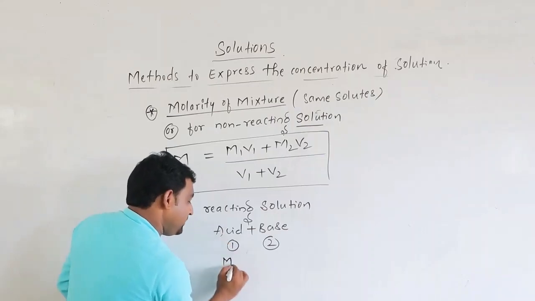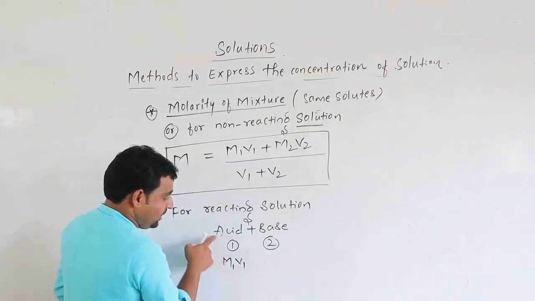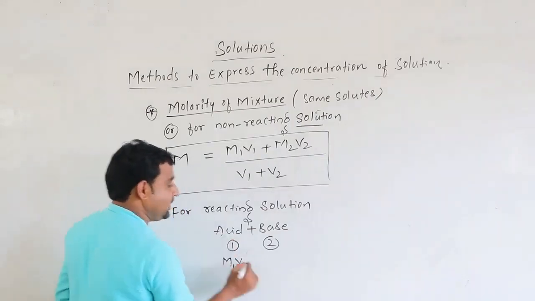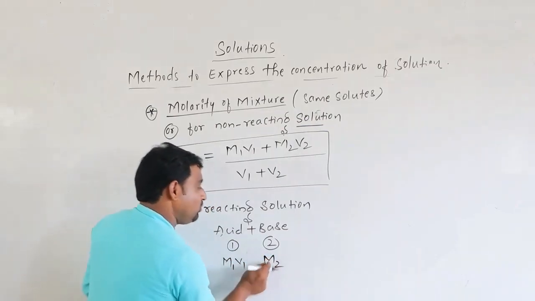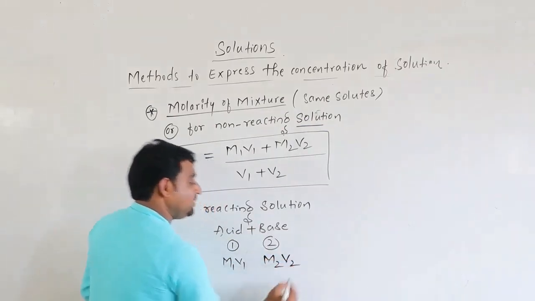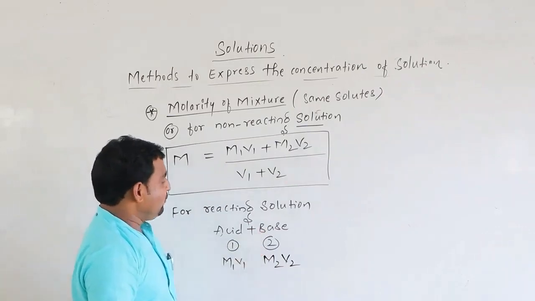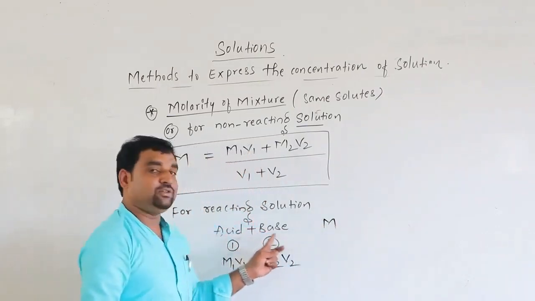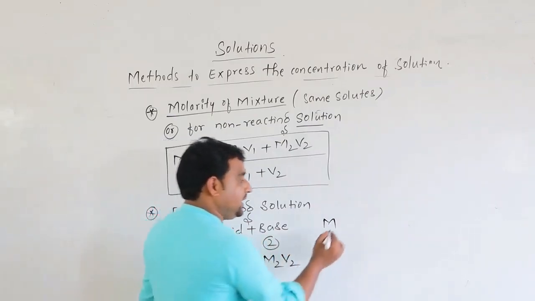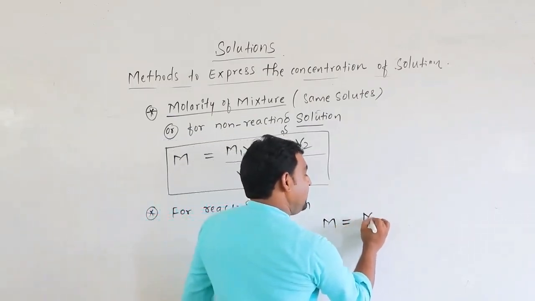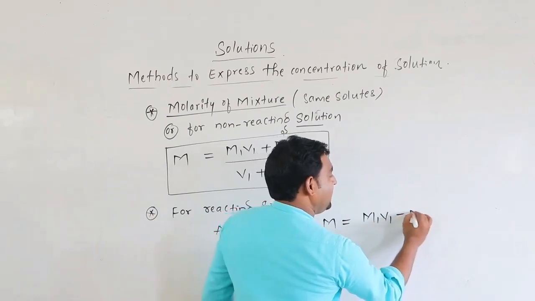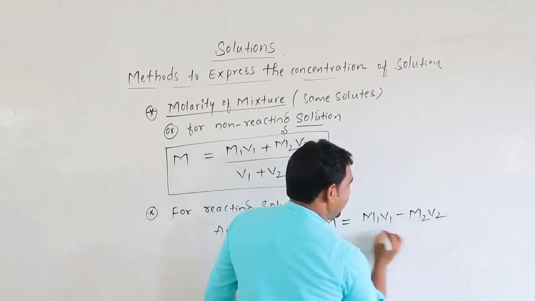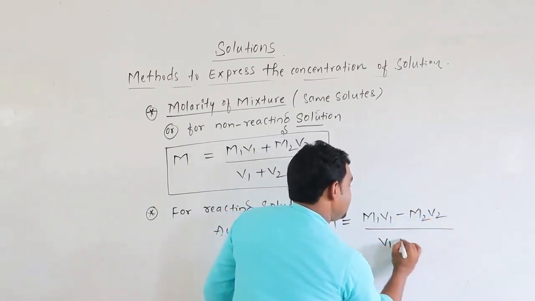M1 is the molarity of the acid and V1 the volume of the acid. M2 is the molarity of the base and V2 the volume of the base. Now the resulting molarity after the addition of acid to the base or base to the acid is equal to M1 V1 minus M2 V2 divided by V1 plus V2.